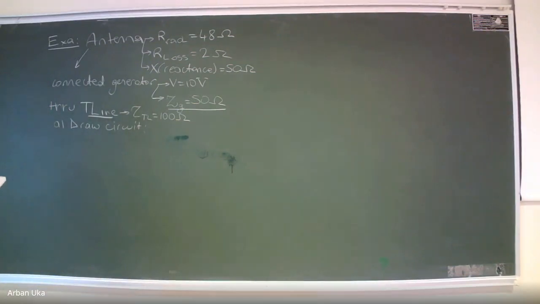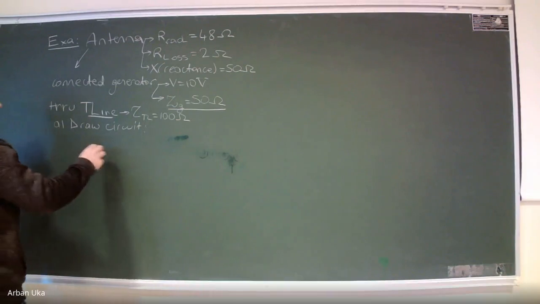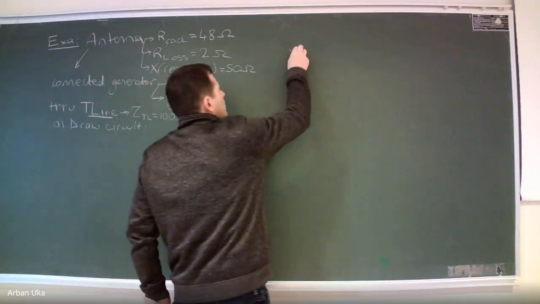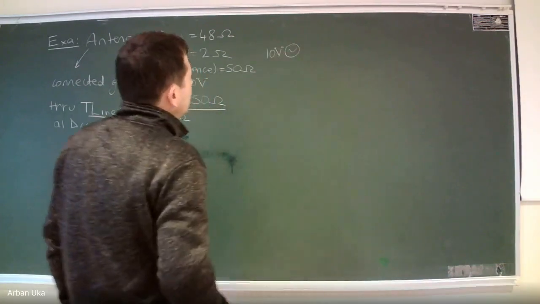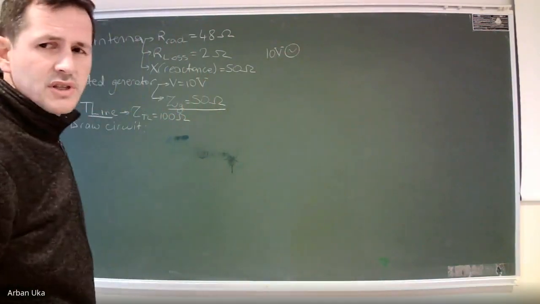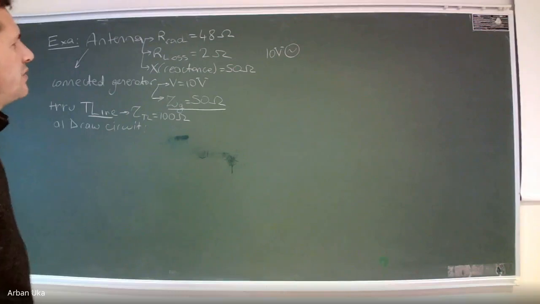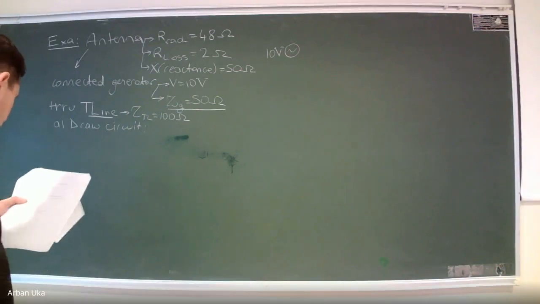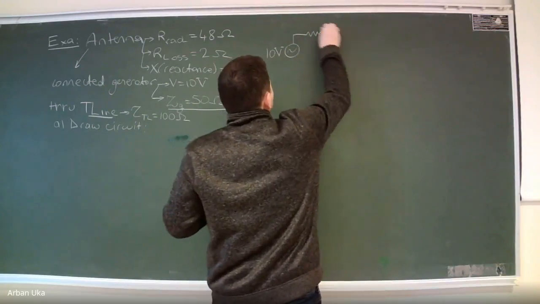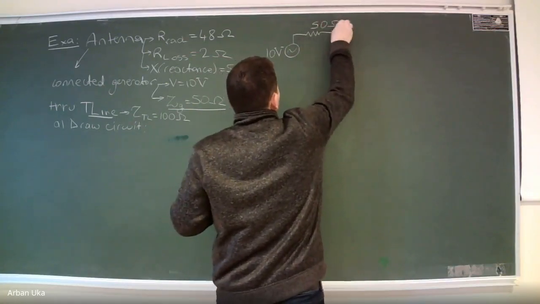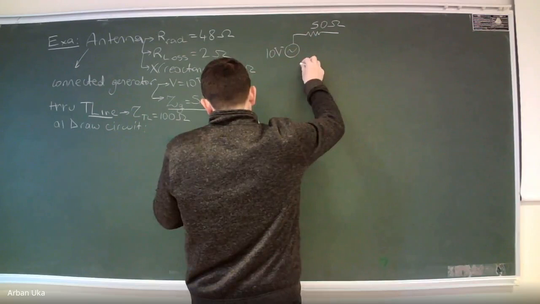And here, regarding the circuit, probably we can draw this one here. So we have the generator. It generates 10 volts. For sure, this 10 volts is not going to be DC. It has to be AC. So we have to use the relevant notation. But here we have a resistance of 50.